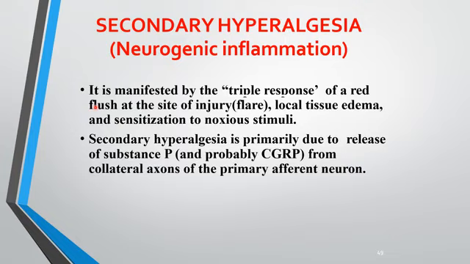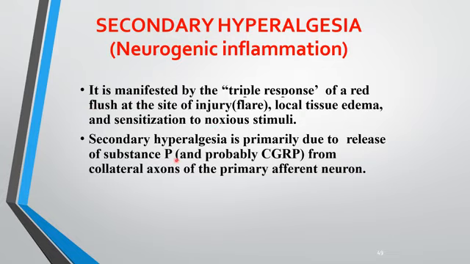Whenever there is a pinprick or a scratch with a sharp object, we will observe redness, swelling and pain sensation. Those three things are called the triple response. The redness is called flare, local tissue edema will be present, and sensitization to noxious stimuli is present.